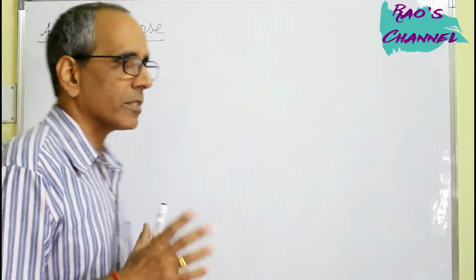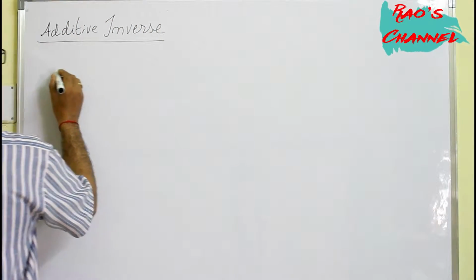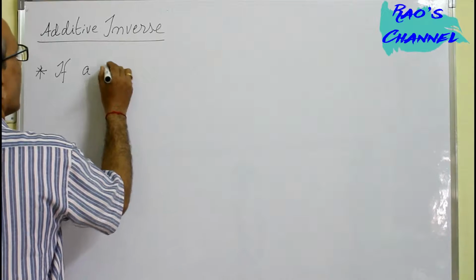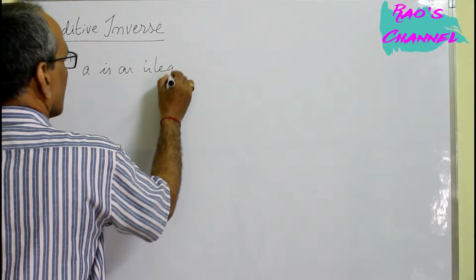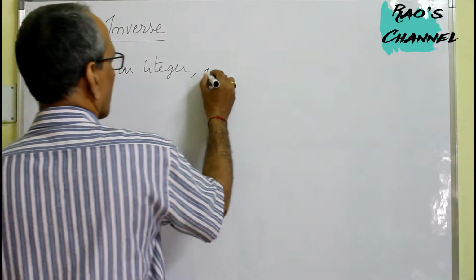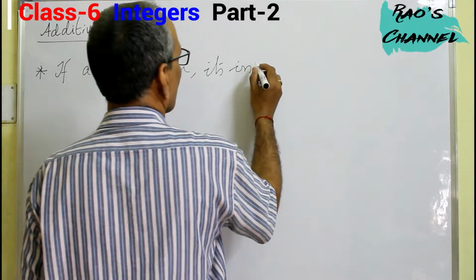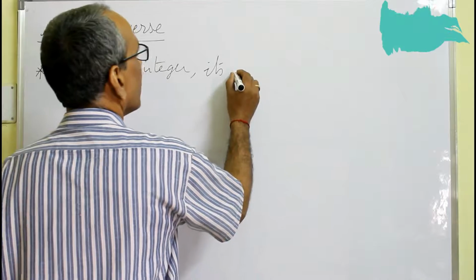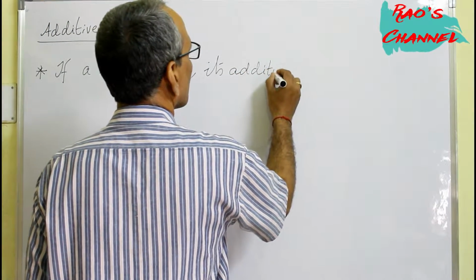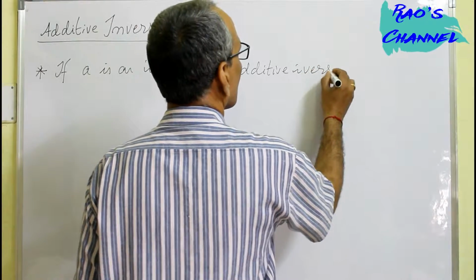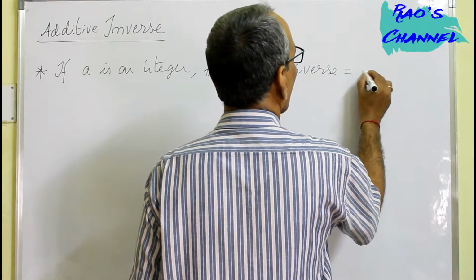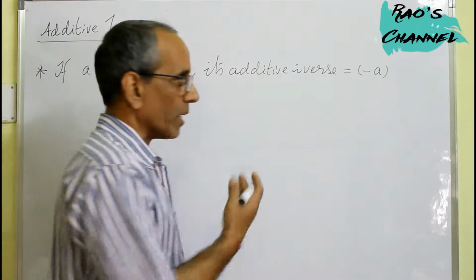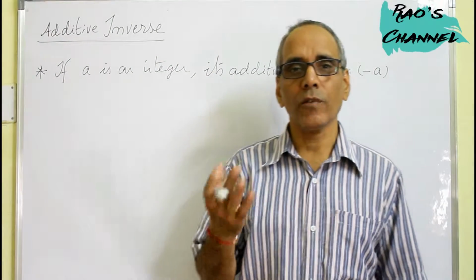Opposite. Suppose, let me write in terms of A. If A is an integer, its additive inverse is equal to minus A. So by using the concept, what is the additive inverse of 5?